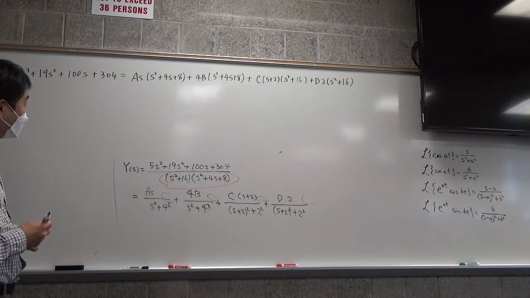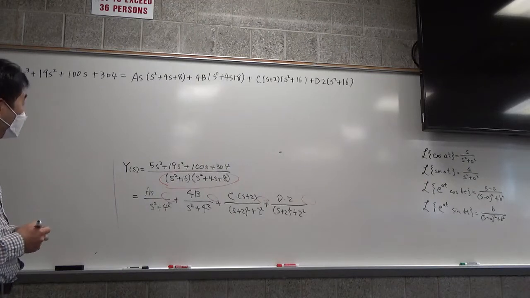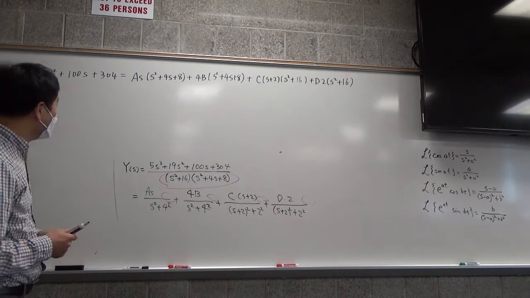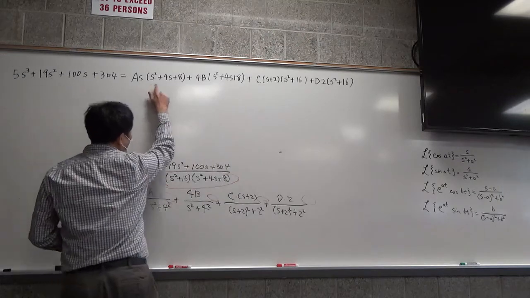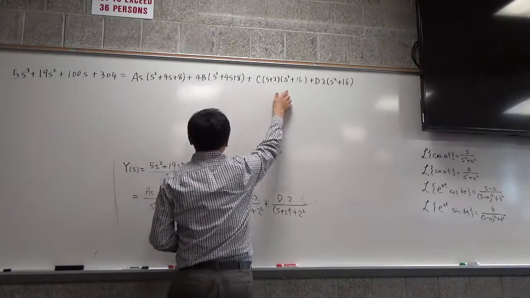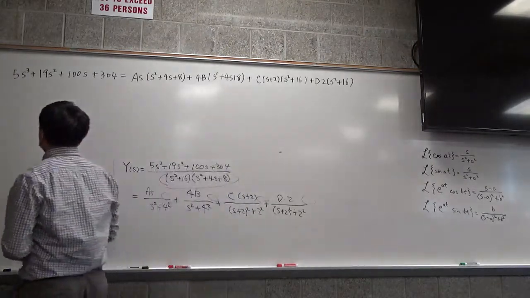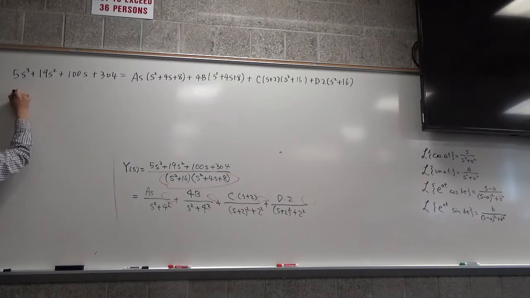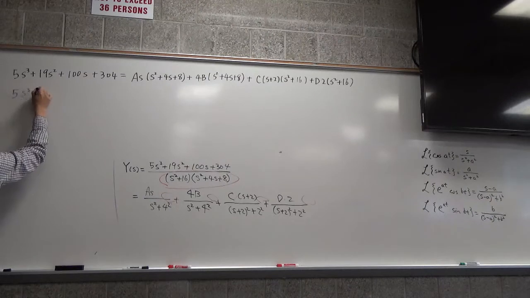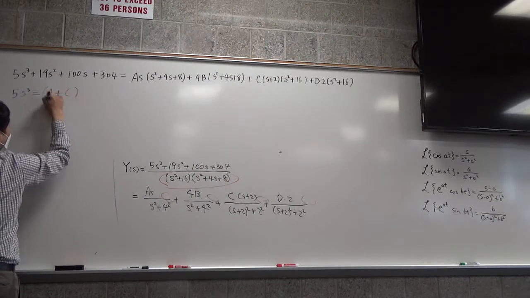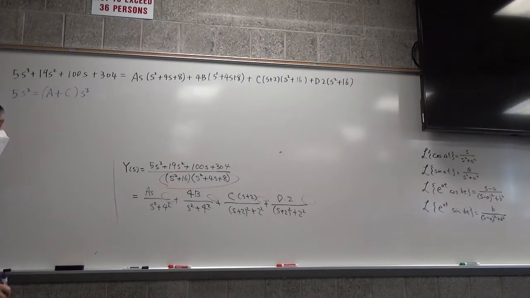There are many approaches at this point. So one thing you can do is look at the highest order term, right? So as cubed, cs cubed, those are the only s cubed terms, and you have 5s cubed. So you can see that 5s cubed should equal a plus c s cubed.